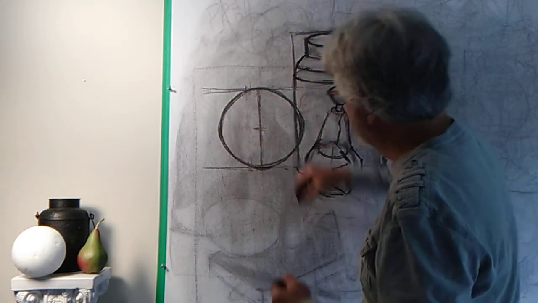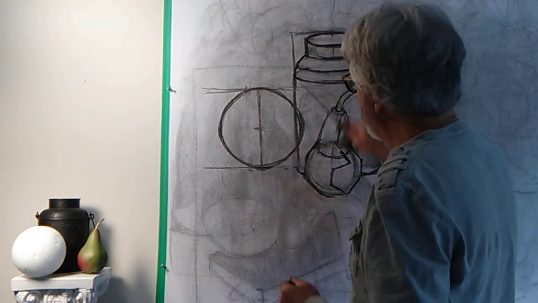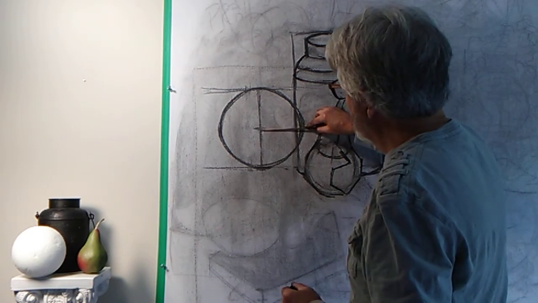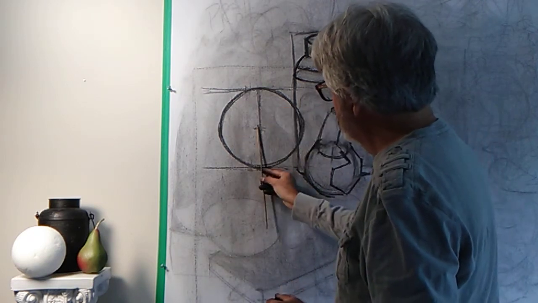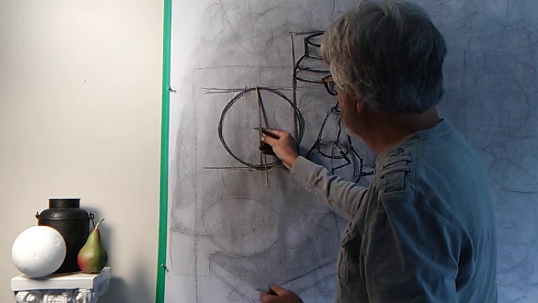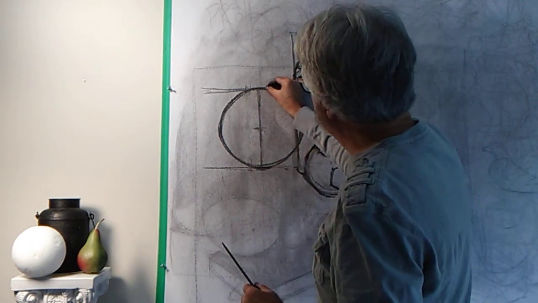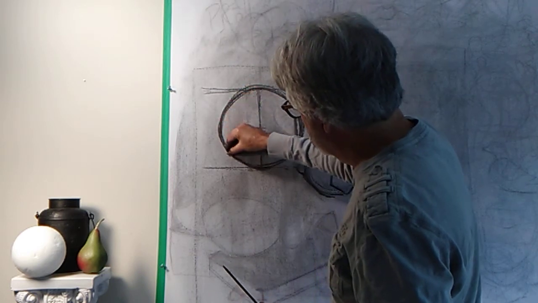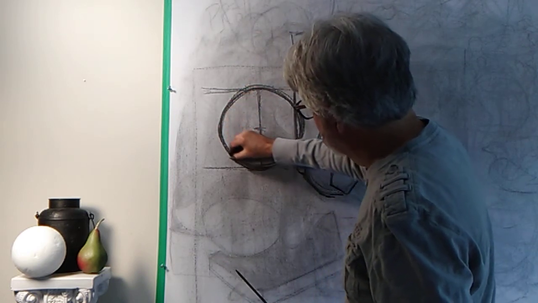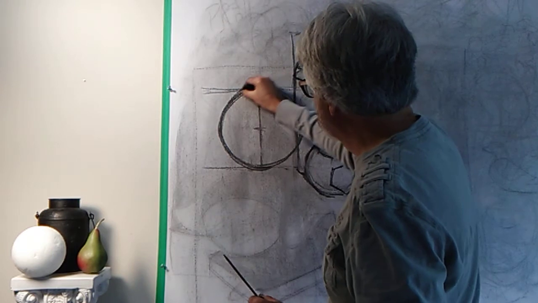From where I'm standing, it always looks lopsided. So I'm going to check and see what I've got going, and I see where it is. Okay, so my sides are a little wider than my top. So what I'm going to do is bring it up just ever so slightly and bring it down a little bit, just to even it out.